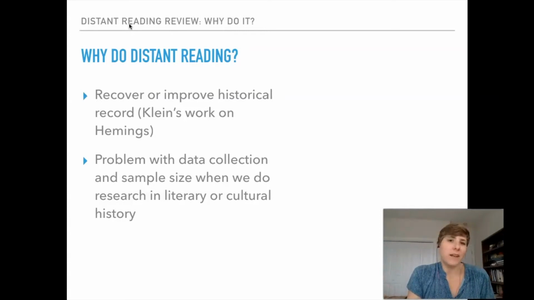And really the same thing should be required for literary study, right? That when we talk about what people were writing about in the 20th century, what people were thinking about in the 19th century, whatever, we ideally want to have a significant sample size. And yet that very rarely is the case.